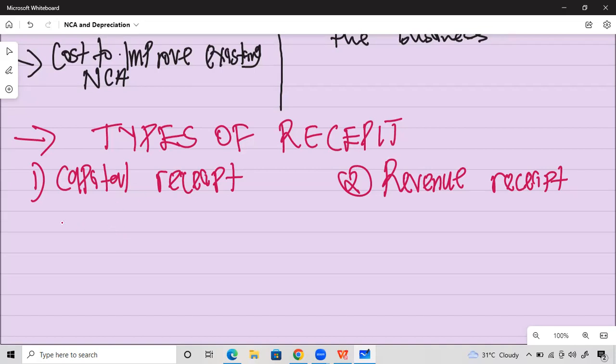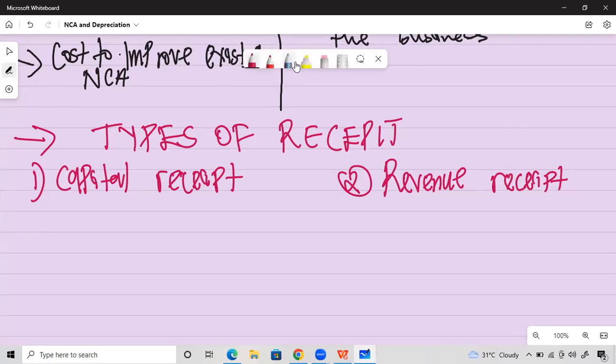When we say capital receipts, those are the receipts. When we say receipt here, we are referring to income.